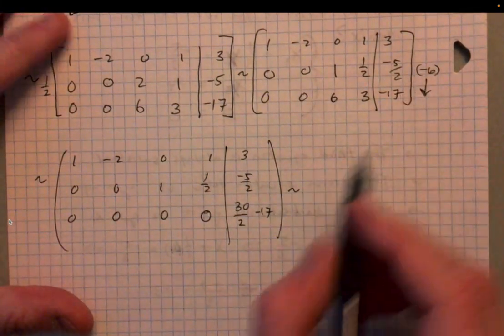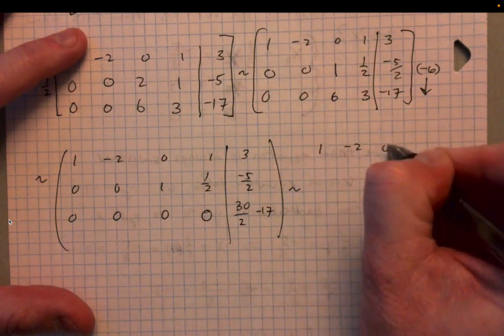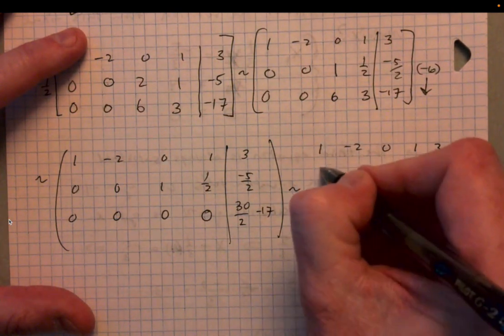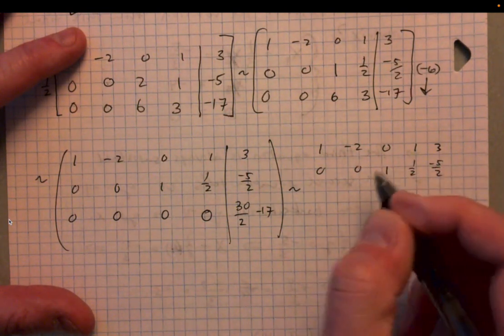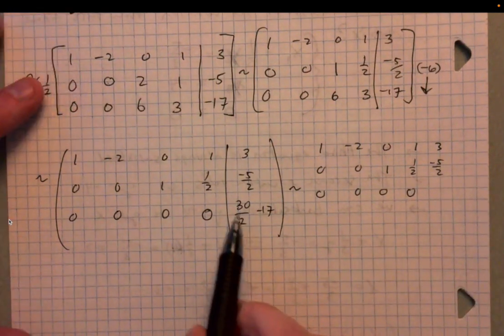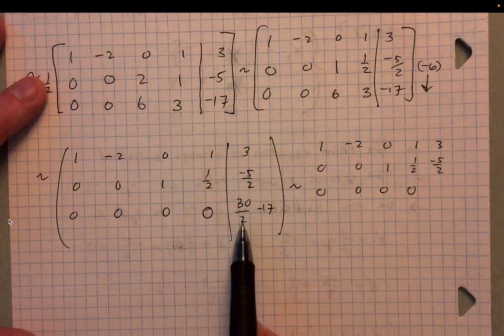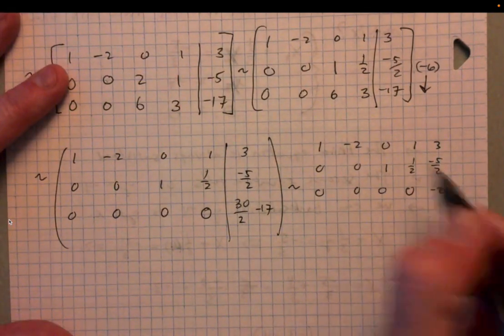So what I can get here is 1, negative 2, 0, 1, 3, 0, 0, 1, 1 half, negative 5 halves, and then 0, 0, 0, 0, and then what is this? Well, this is 30 over 2, so that's 15 minus 17, right? So negative 2.